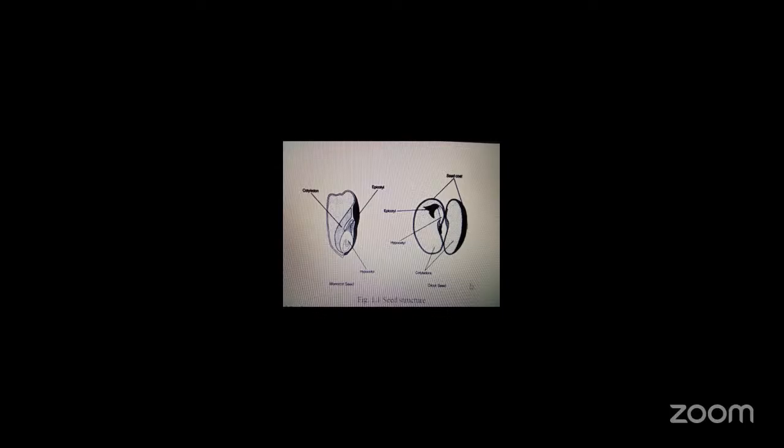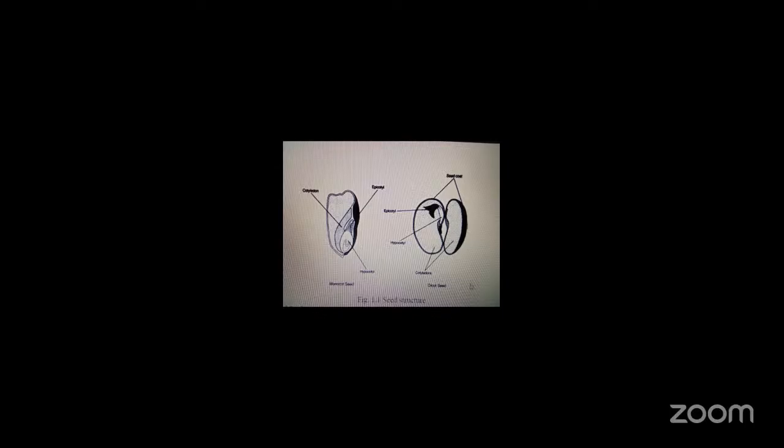But in gymnosperms, 2 to 18 cotyledons are present. In monocots, the scutellum situated between the endosperm and embryo is the single cotyledon.